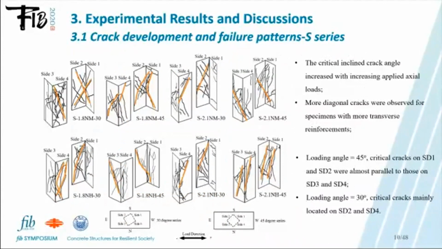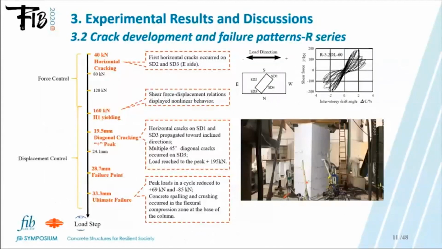The critical inclined crack angle increased with the increasing applied axial loading, and more diagonal cracks were observed for specimens with more transverse reinforcement. For loading from the 45-degree direction, the inclined crack angles on sides 1 and 2 of columns were almost parallel to the cracks on sides 3 and 4, but the behavior was asymmetric for specimens subject to 30-degree loadings.